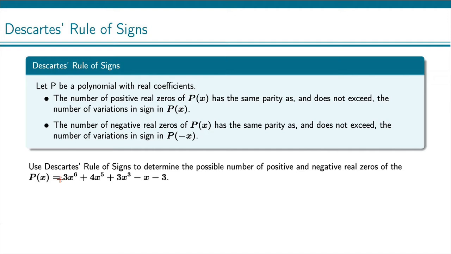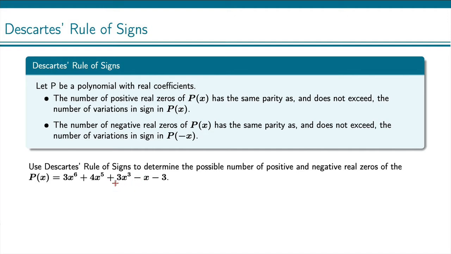So we go through here and just see if my coefficients change between positive and negative. From 3 to 4, those are both positive, there's no change. From 4 to 3, there's no change. But then 3 to -1, that changed signs. Okay, that's a variation in sign.